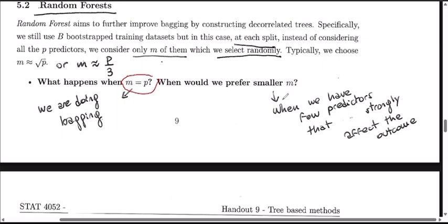When we have few predictors that strongly affect the outcome. It is not necessary to use all predictors, because there's a possibility some predictors may have the same statistical power.